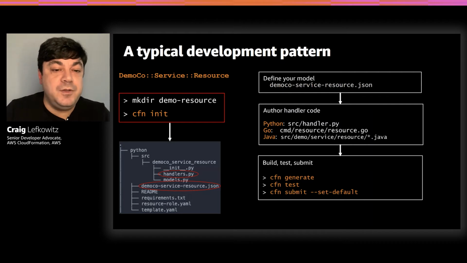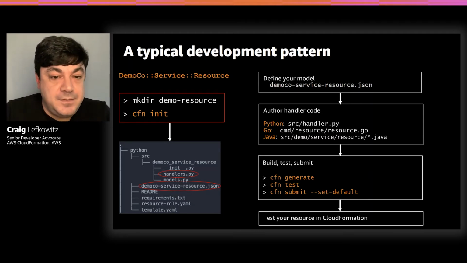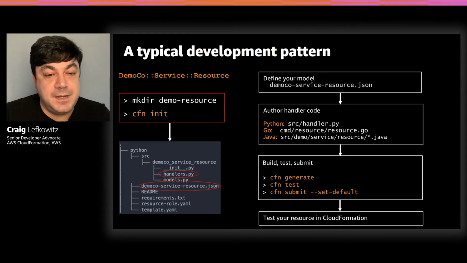So after authoring your handler logic, you'll want to run cfn generate to update the auto-generated files in your project. You'll build your code as you normally do, depending on the language you're developing in. And after your code is built, run cfn test to perform contract tests against your handler code. Once you're satisfied that your code passes, you'll package and submit your code to the CloudFormation registry using the cfn submit command.